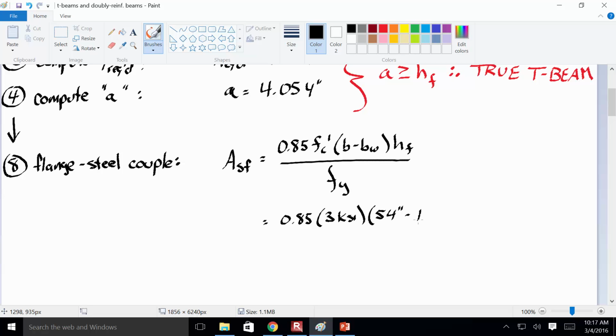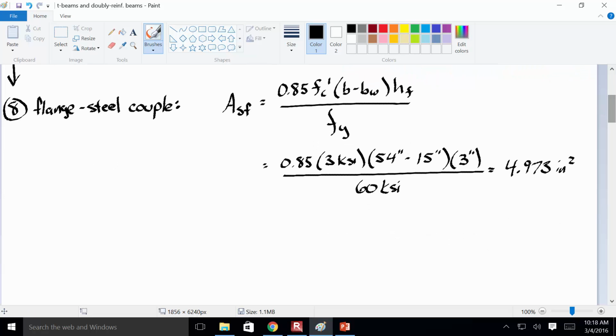Minus, times what's the flange thickness? That gives you that. Okay? So that's part of the steel that we need. We'll figure out the rest here in a little bit.